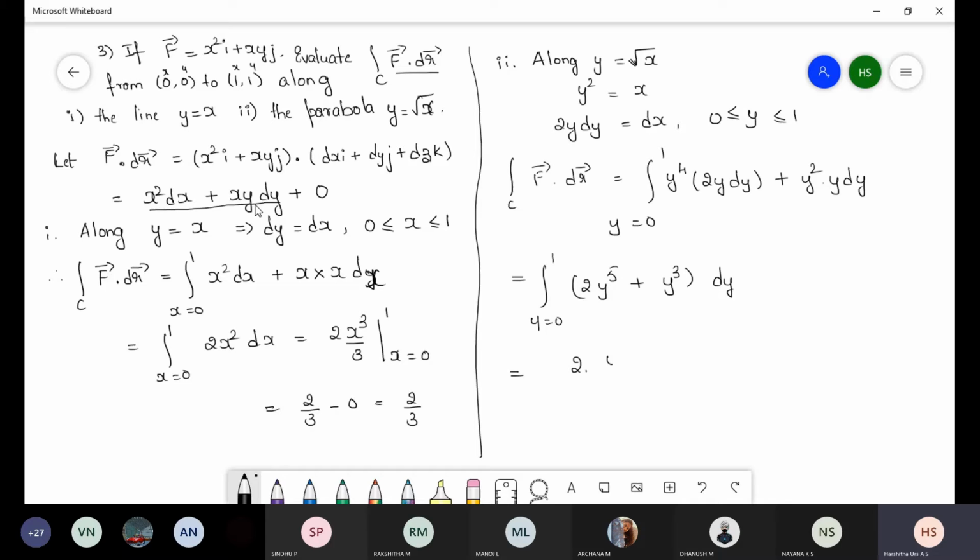So 2 into y power 6 divided by 6 plus y power 4 divided by 4, y is equal to 0 to 1. 2 ones are 2, 3 threes are 3. So here 1 by 3 plus 1 by 4. 12 is the LCM. 4 plus 3, so we get 7 by 12 is the answer for this problem.